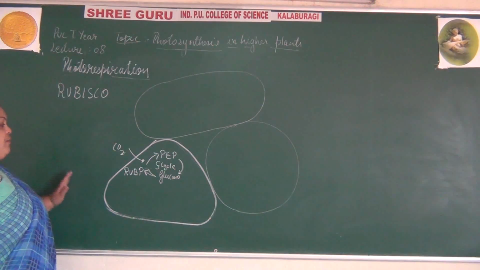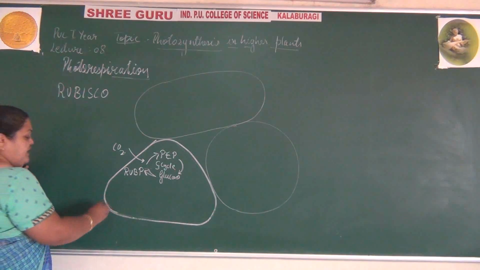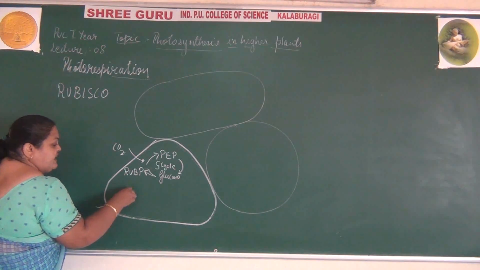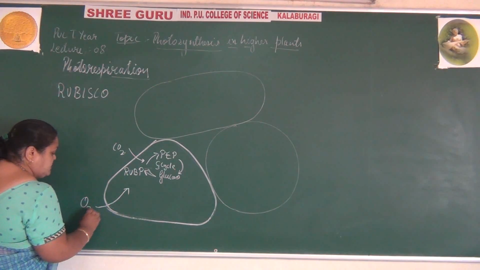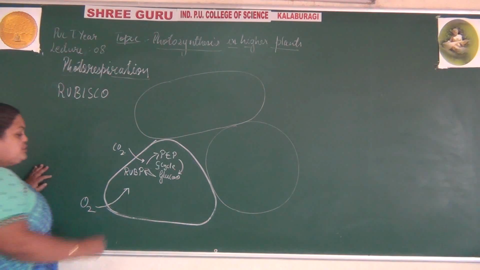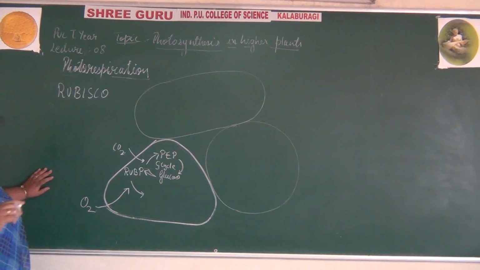But when the amount of carbon dioxide decreases, it undergoes the process of oxidation and absorbs oxygen to form phosphoglycolic acid.